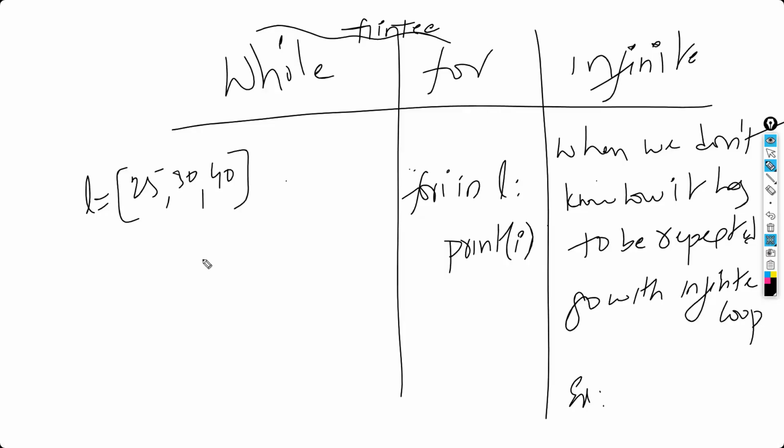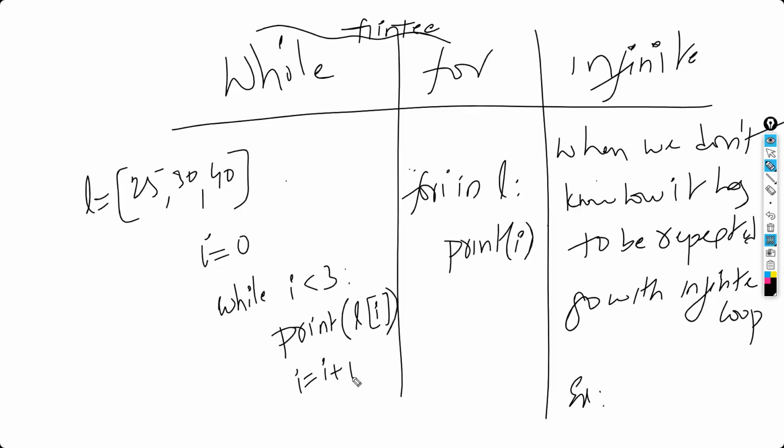Now the same thing when you are using the while loop, you have to take I is equal to 0, and you have to take while I is less than 3, because 3 items are there. Next you have to take print L of I, where I is equal to I plus 1.